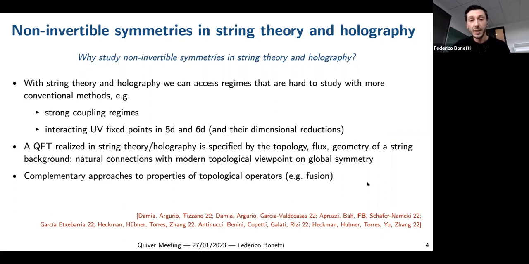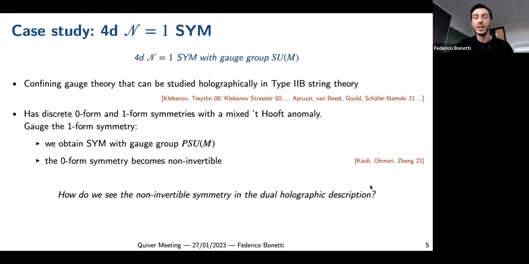And today, I would like to focus on this case study. So let's pick a specific model which has a good balance of analytic control and non-trivial features. I will be discussing N=1 super Yang-Mills with gauge group SU(M).